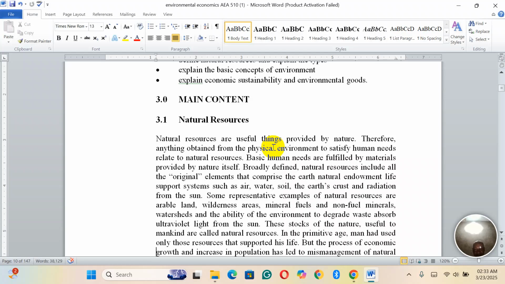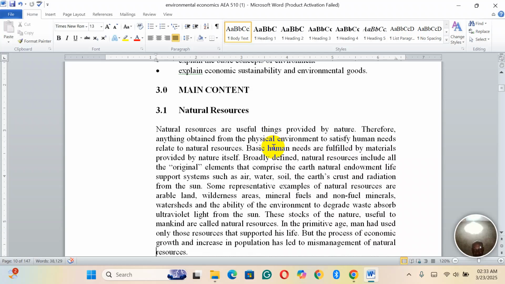Some representative examples of natural resources are arable land, wilderness areas, mineral fuels, non-fuel minerals, watersheds, the ability of the environment to degrade and absorb waste, and also ultraviolet light from the sun. These stocks of nature useful to mankind are called natural resources.